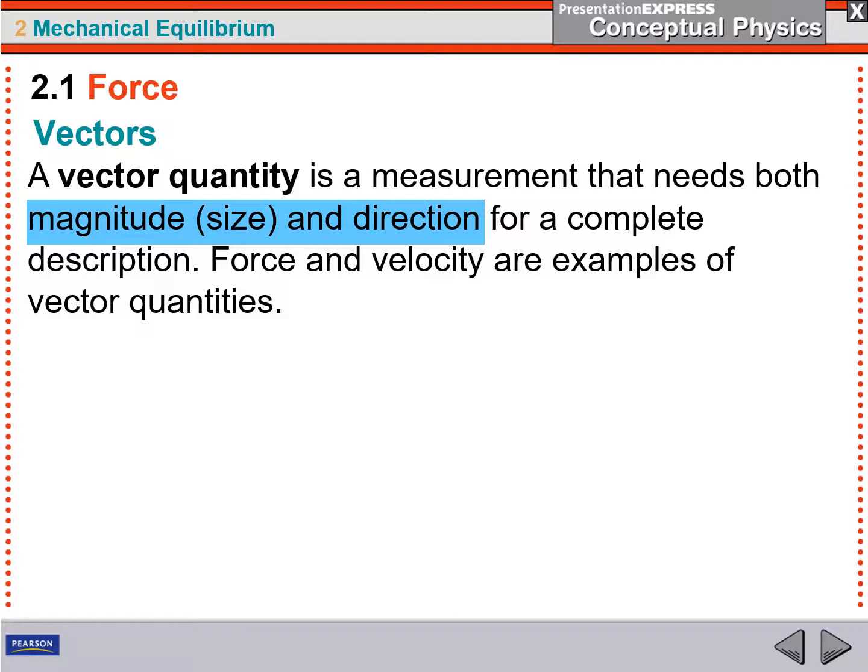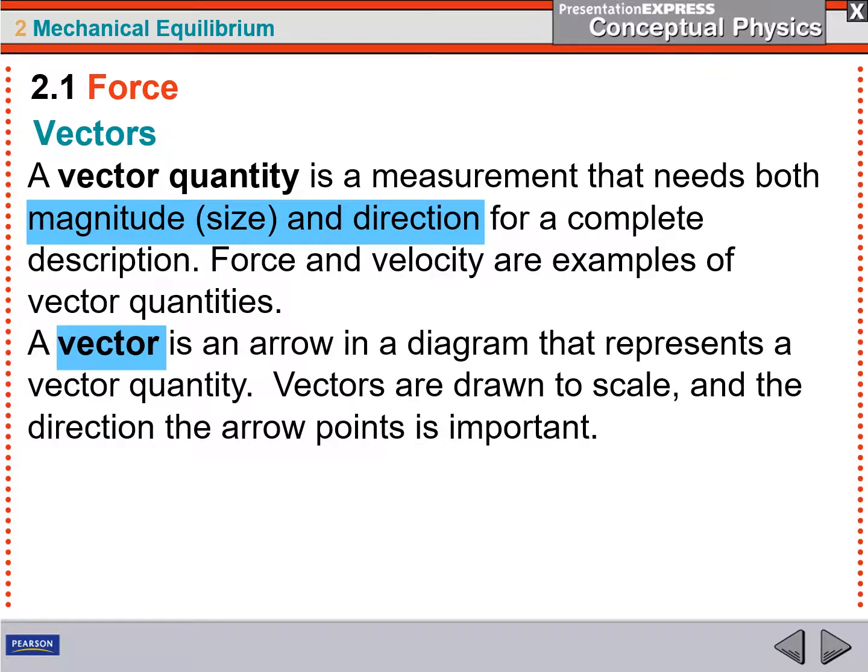Force is a vector quantity. Velocity is a vector quantity. Another term that we used in an earlier video was displacement. That's also a vector quantity. It needs both a size and a direction.